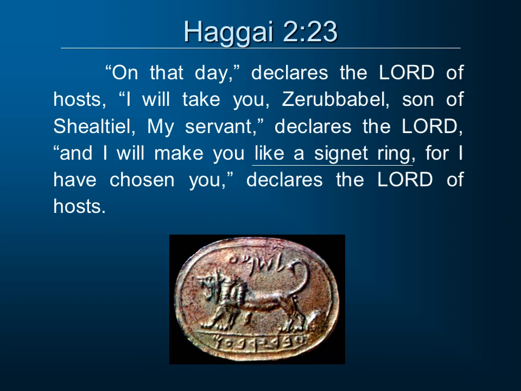And yet, Haggai, speaking after the Babylonian captivity, says, I'm not done with Zerubbabel. I'm going to do something special with him. He says, "For I have chosen you." Not that Zerubbabel became a king, he didn't. But Zerubbabel's eventual descendant does. He becomes king. And we're talking, of course, of King Jesus.